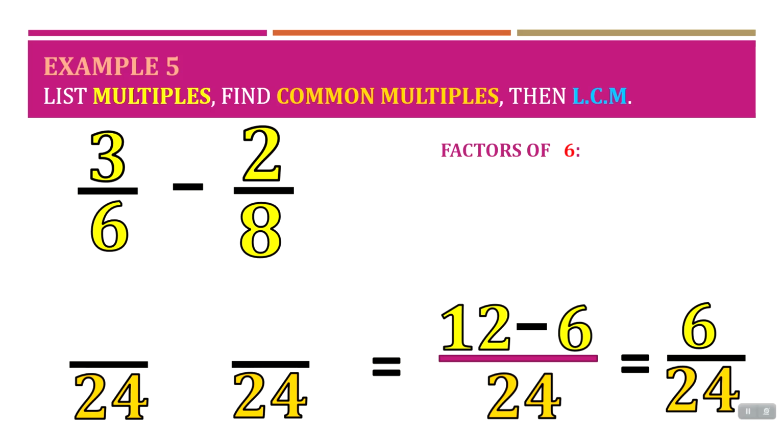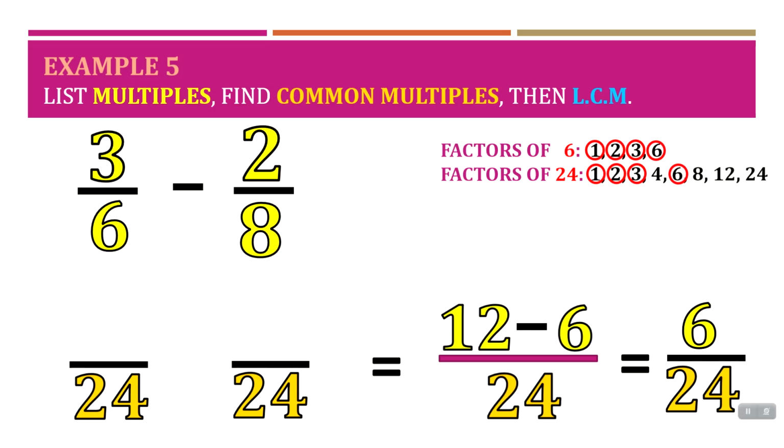The factors of 6 are 1, 2, 3, and 6. The factors of 24, there are many of them: 1, 2, 3, 4, 6, 8, 12, and 24. This is because 1 times 24 is 24, 2 times 12 is 24, 3 times 8 is 24, and 4 times 6 is 24. Which factors are the same? 1, 2, 3, and 6.